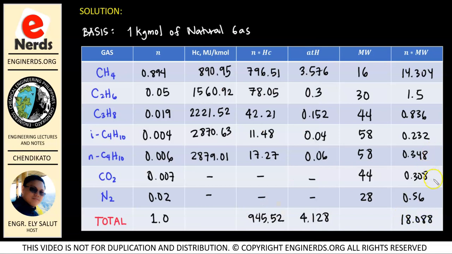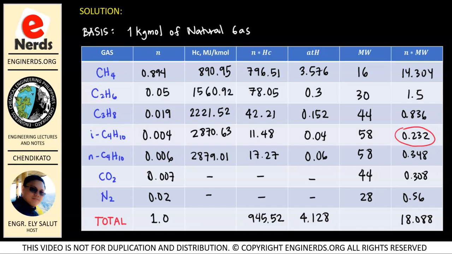Okay? So, kung makikita nyo sa book guys, iba yung value nito. Because ang nasa book, this value is 0.348. Where there is an error on that, the correct answer is 0.232, no?